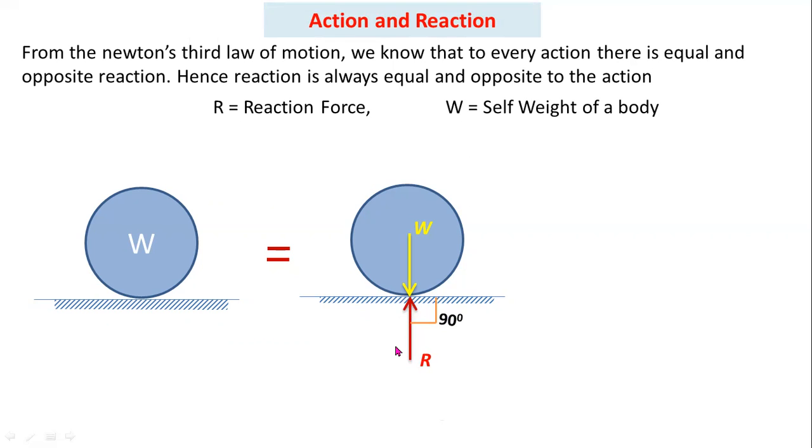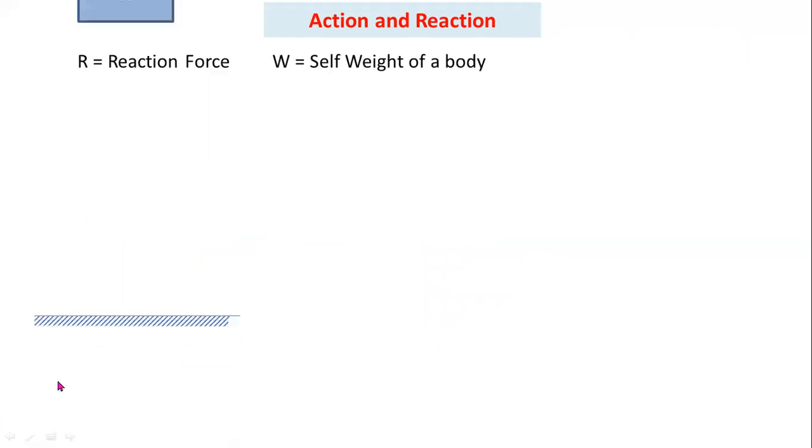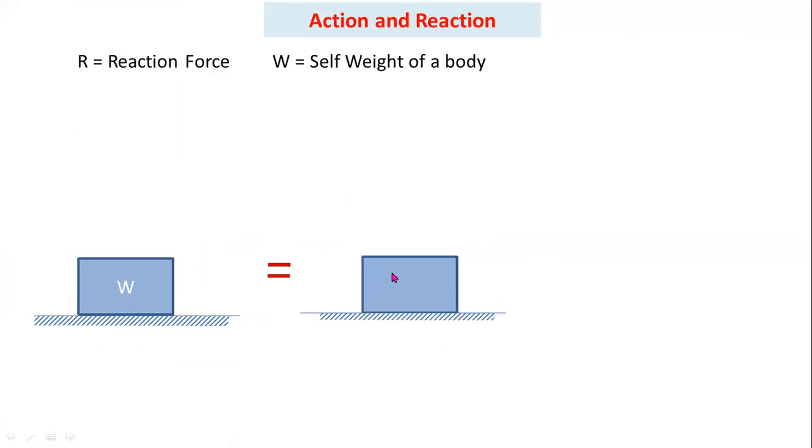Now you have to consider these two forces as a free body diagram. So this is the free body diagram for this given diagram. In a similar way, if you are taking a block of weight W on a horizontal plane, then you have to convert this diagram into a forces diagram. Here already we know that W is the self weight of the body.